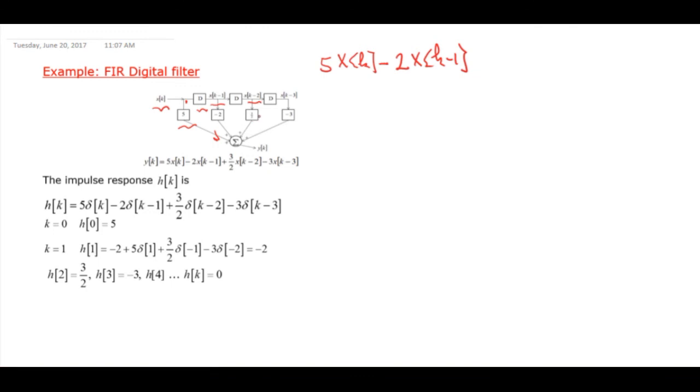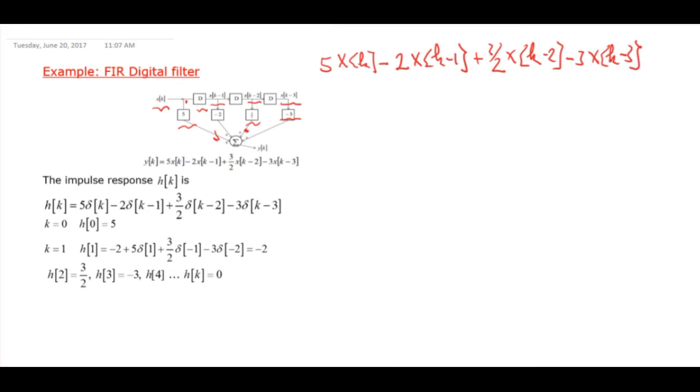Similarly, this one becomes xk minus 2, and this gain is 3 over 2. So we have 3 over 2 xk minus 2. Similarly, we have xk minus 3, with gain minus 3, so we have minus 3 xk minus 3.